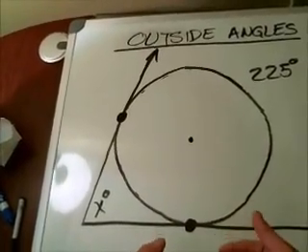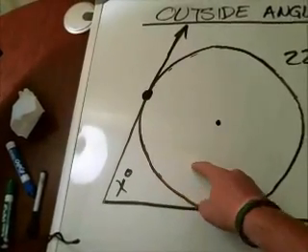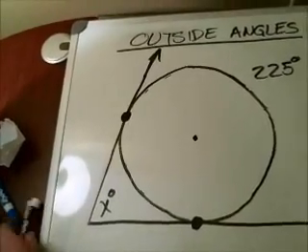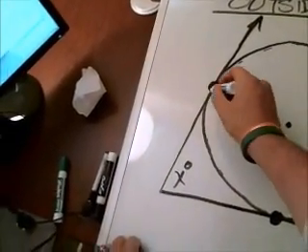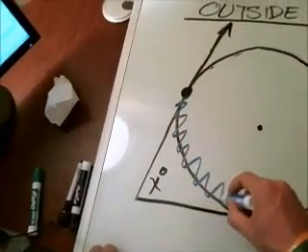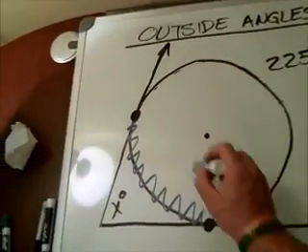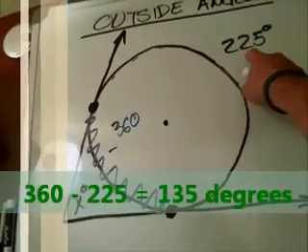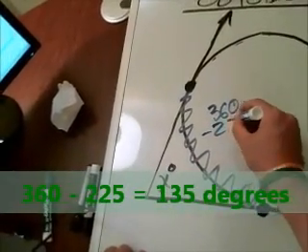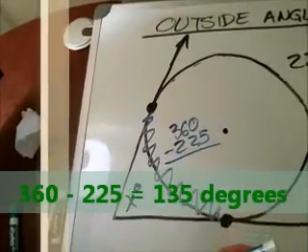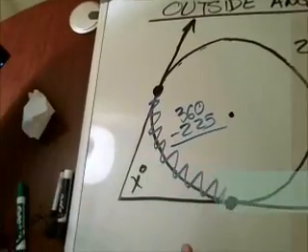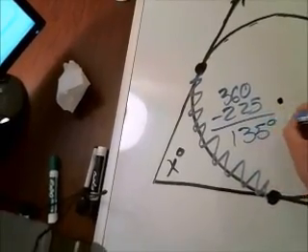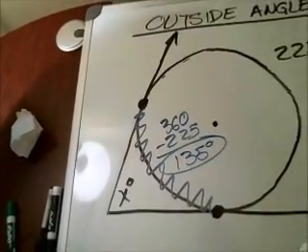What is left over here if I need a full 360 degrees the whole way around? So in order to find this arc here, all I would need to do is to take 360 and to subtract away the 225 I see up here. Now, what I find I have is 135 degrees. That's the measurement of my small arc.